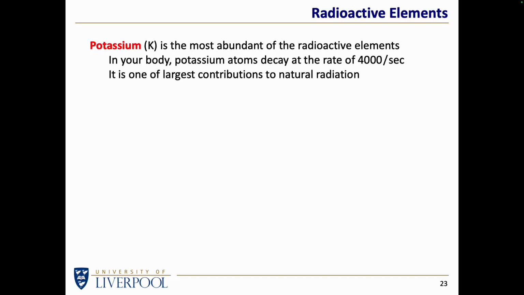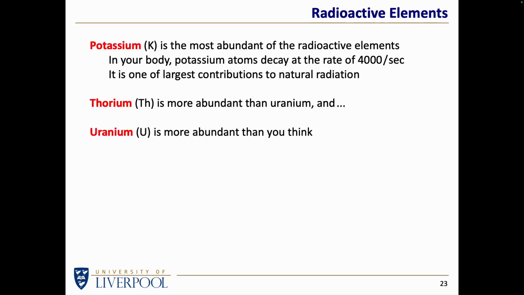Potassium is one of the largest contributions of natural radiation. The second one that exists in nature is thorium, and that's more abundant even than uranium, even though you've probably heard of uranium and maybe haven't heard of thorium. Thorium is more abundant than uranium, and uranium is more abundant than you think, probably. If you think uranium is a very rare element, no, it isn't.